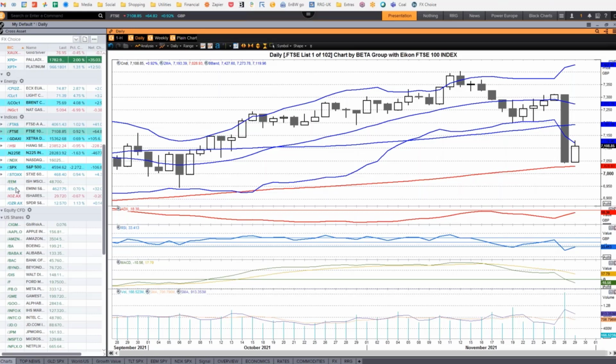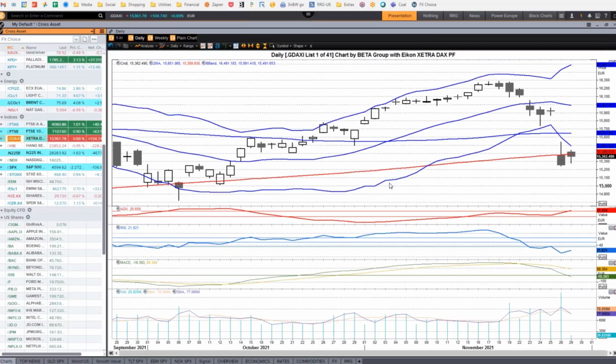Now we'll end up with the German 30 here, and this is an interesting one, and I think this has got some good potential here. So it got wrecked, gap down, it was blasted downwards, testing key support that really must hold above the 15,000 area here, this big round number here, and we've got a gap.